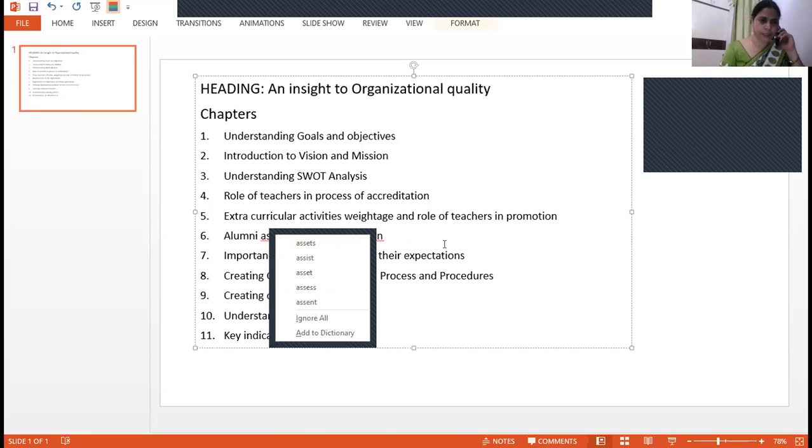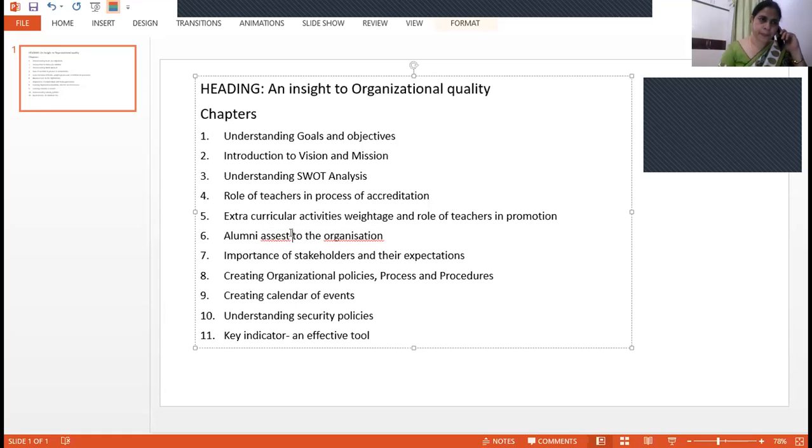Changing dimensions of the organization with alumni participation.